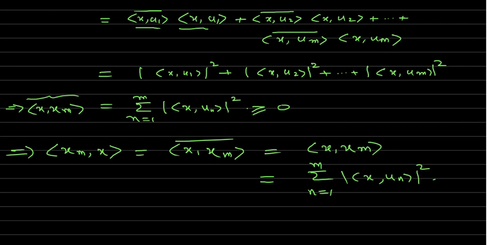So these two things you have calculated, the inner product of x with xm and the inner product of xm with x, both are equal. Next we calculate the inner product of xm with xm. We will see that it is also the same. So also this thing, the inner product of xm with xm, let's expand both things.